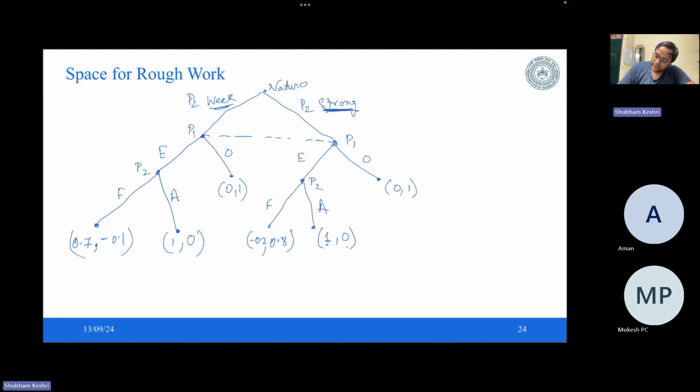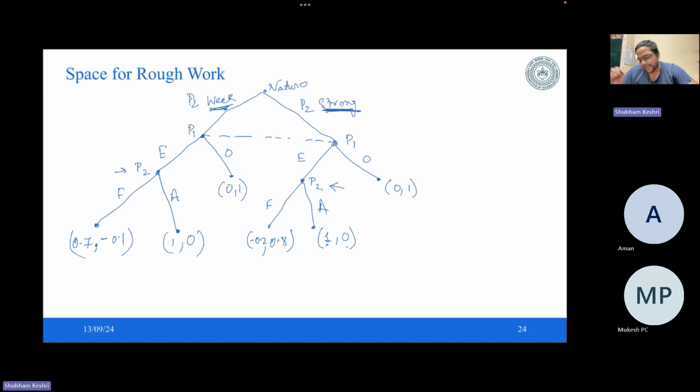So player 2 over here is strong and player 2 over here is weak. All right, is this clear? Strong and weak. So over here, the first mover is of one type, the second mover is of two types. And you see, this is a little bit different structure of the problem than the previous one. Is that all right? Yeah.